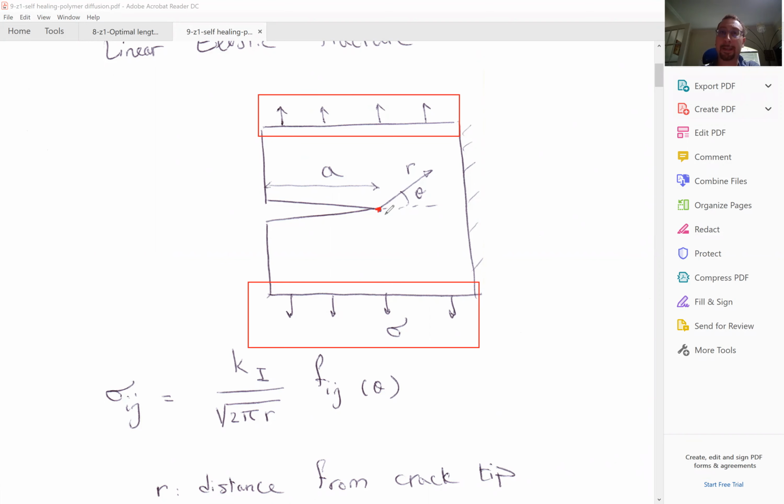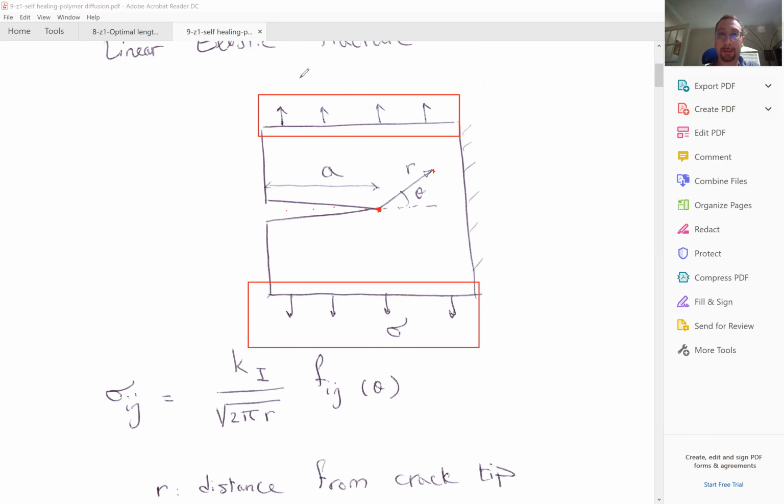At what rate? Well, if this is the direction of the crack and I extend this from here, I can define a cylindrical coordinate system, and I define each point with an r and a theta measured with respect to this horizontal line, the initial crack direction, and distance from the crack tip.